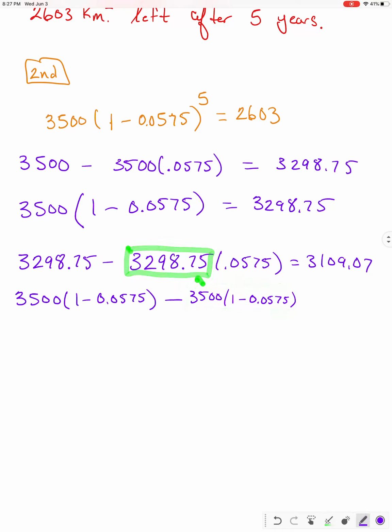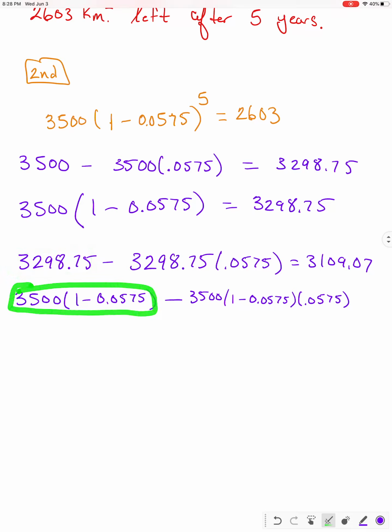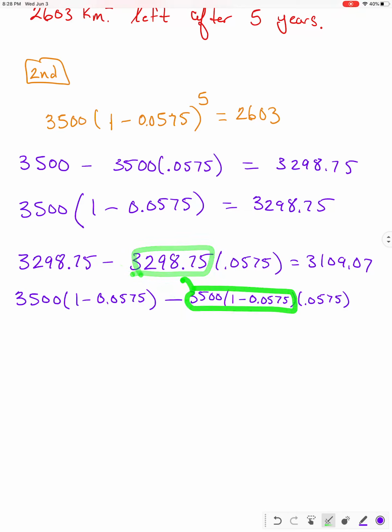And then I need to multiply that times 0.0575. So once again, what do I have? Well, this 3,298.75 is the same as this part. We got that from up here. And then this minus is this minus. And then 3,298.75 is the same as this part. And this 0.0575 is the same as this 0.0575.